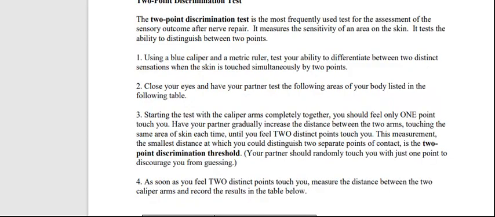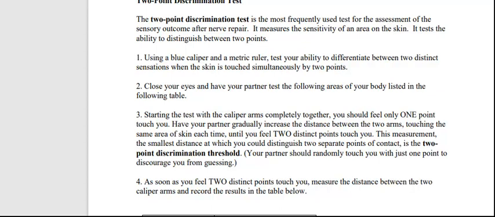Now we're looking at sensory receptors. Throughout your body you have nerve endings, and some places you have a lot of nerve endings, for example your lips, which makes kissing enjoyable, and then some places you don't have as many nerve endings, like on the back of your arm.